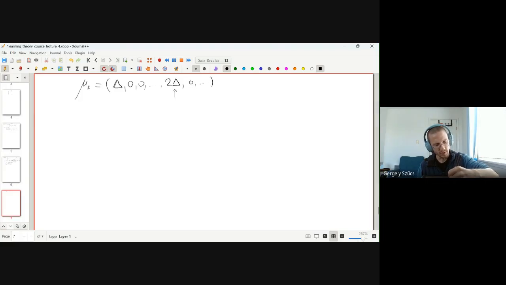And then we'll have the associated eta 2, which is the Gaussian bandit with the mean mu2 and variance 1. So for eta 2, the optimal arm is now actually the lth one, but every other arm looks the same as for eta 1.